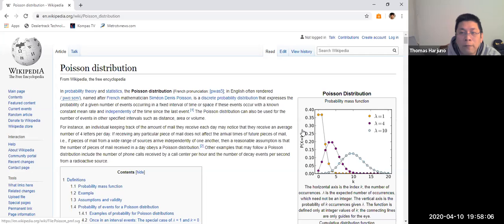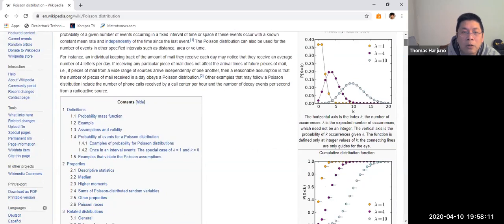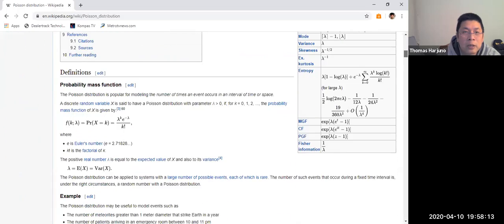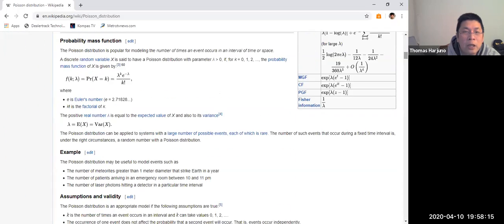That's what the graph looks like when we apply the Poisson distribution in some particular cases. But what is the Poisson distribution? It's popular for modeling the number of times an event occurs in an interval of time or space. This is the formula, but we will not use that because we already use a calculator.